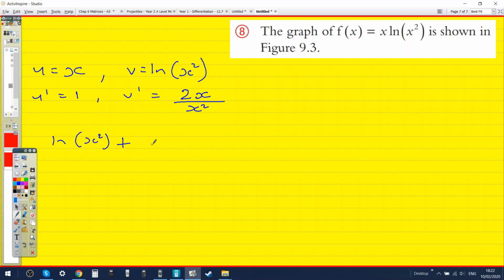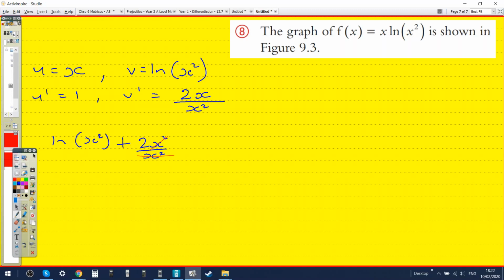What would that simplify to? ln x squared plus 2x squared over x squared. So it's just ln x squared plus 2. That's it.